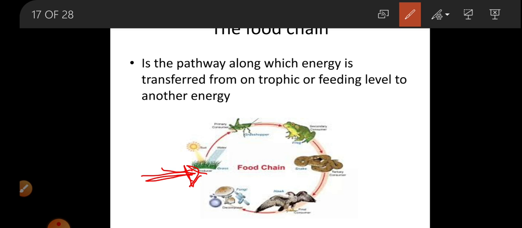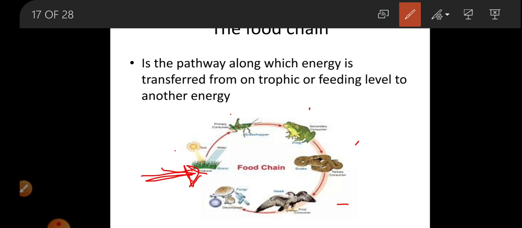Then we have what? These are producers. We have consumers, and we have different types of consumers: primary consumer, secondary consumer, tertiary consumer, and the quaternary consumer.